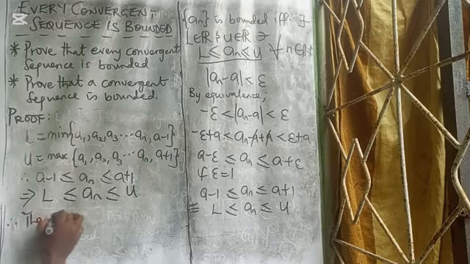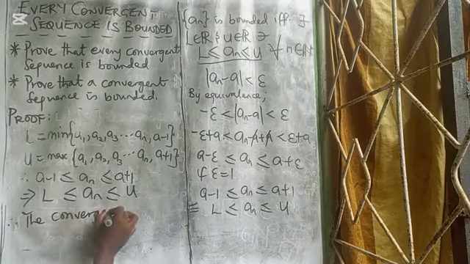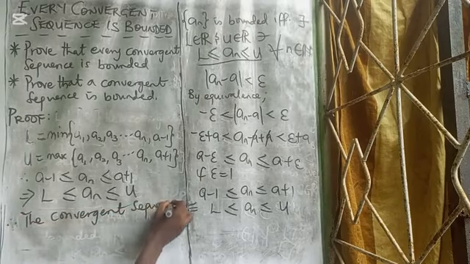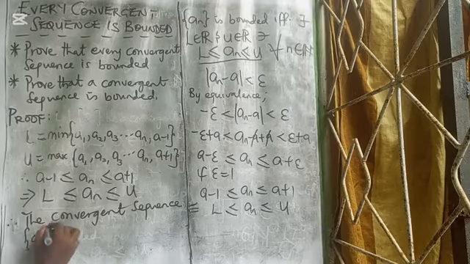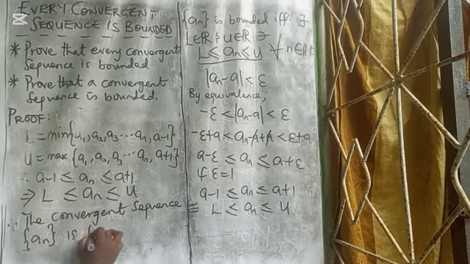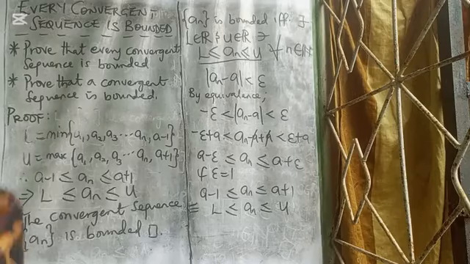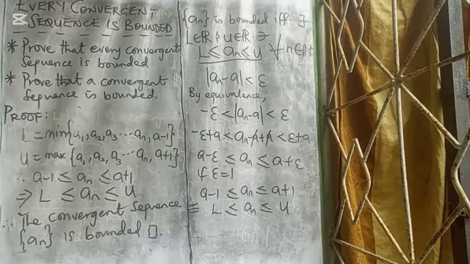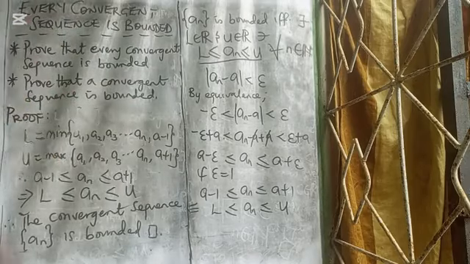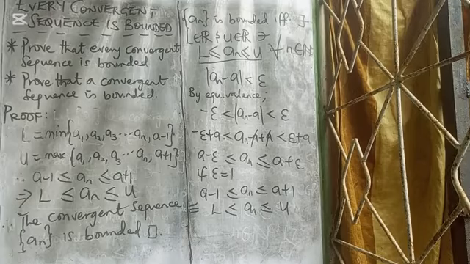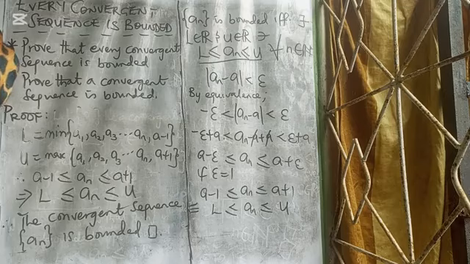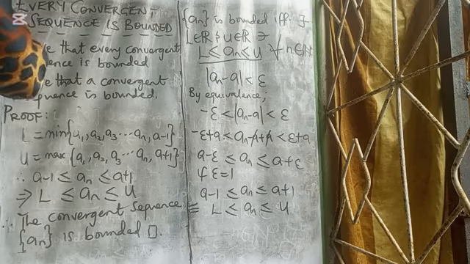Therefore, the convergent sequence A sub n is bounded. Therefore, we can say that every convergent sequence is a bounded sequence.